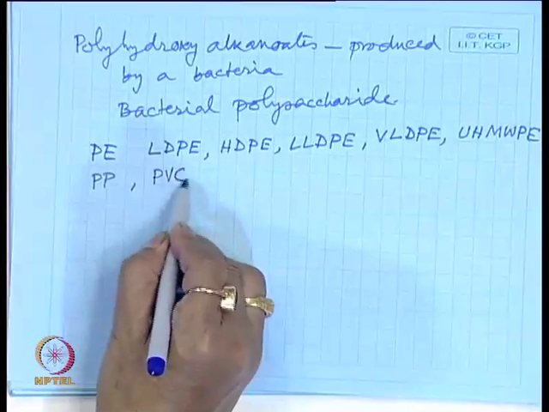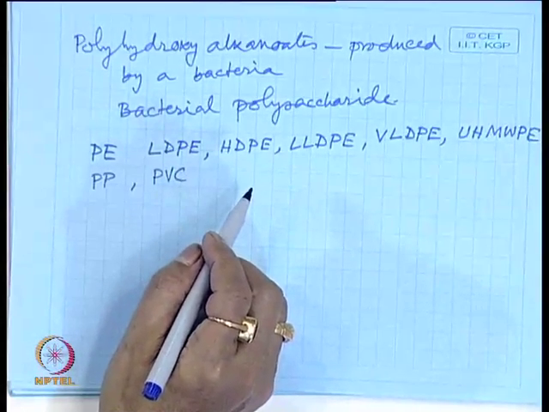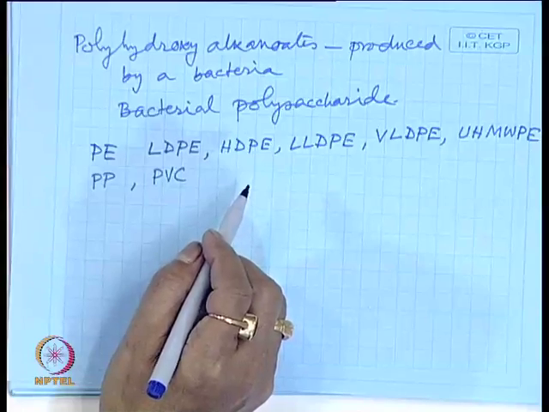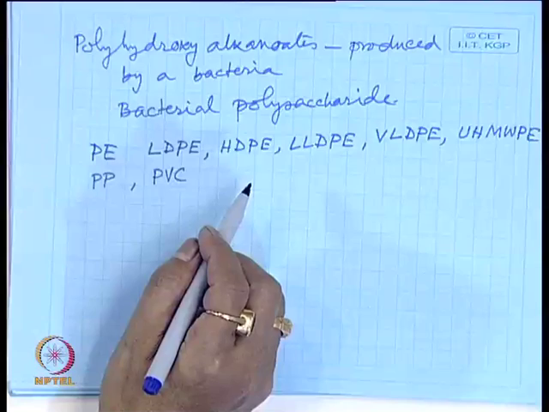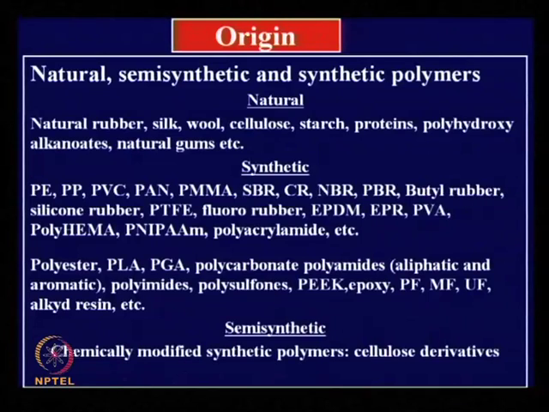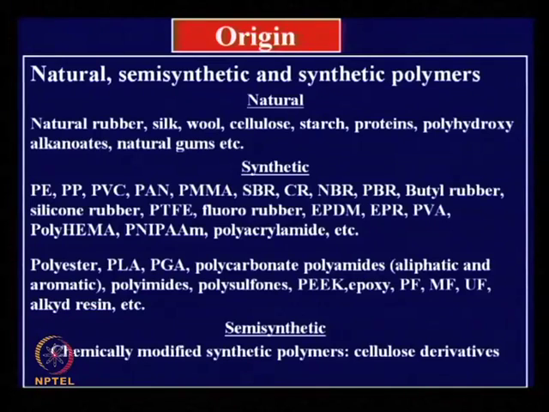PVC, polyvinyl chloride, a synthetic polymer made from vinyl chloride monomer. PAN, polyacrylonitrile. You have to be acquainted with these abbreviations of these polymers. PMMA, polymethyl methacrylate.